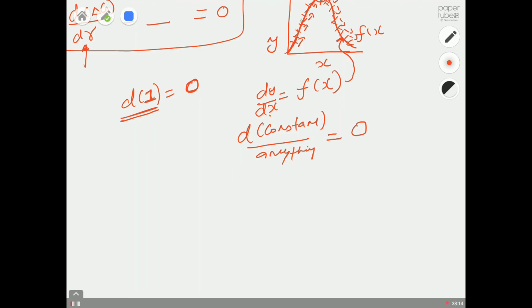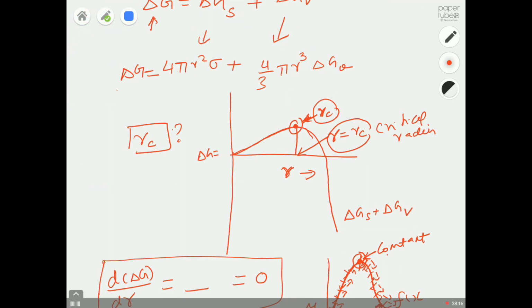If you go back to this graph, something is increasing and then it's dropping down. So we need to pick this particular point, where there is some constant. If you differentiate this whole function and set it to 0, that will give this particular value.